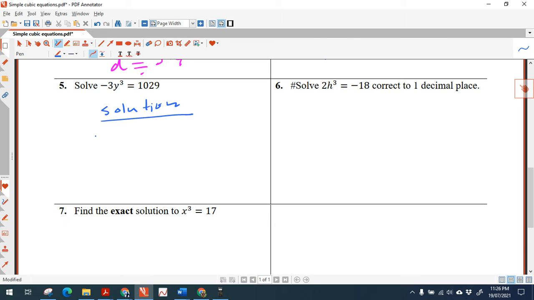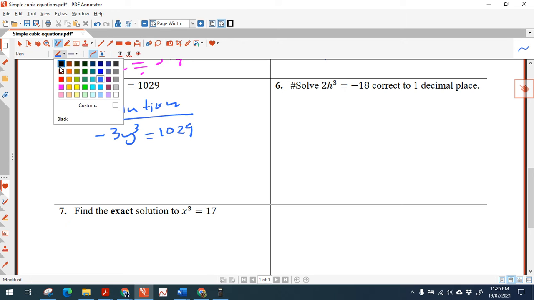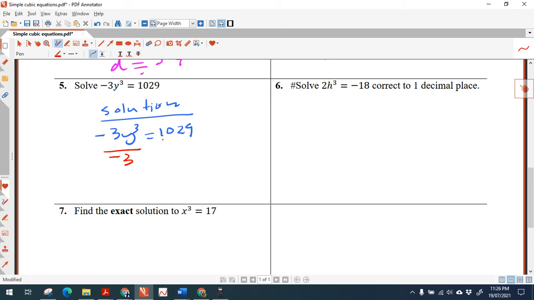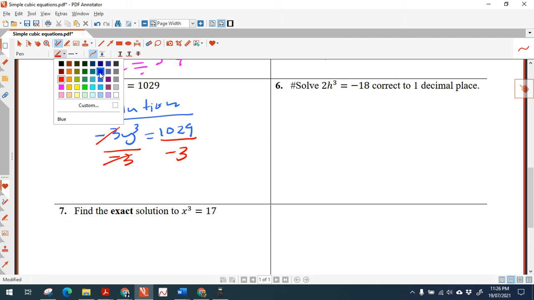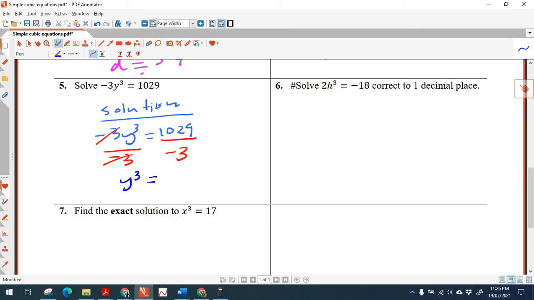All right, so we've got minus 3y cubed equals 1,029. Now I'm going to get rid of the negative 3 term by dividing by negative 3, just like you would in a normal equation. So the negative 3's go, and that gives me y cubed equals, and then work out what 1,029 divided by negative 3 is. You should get negative 343.